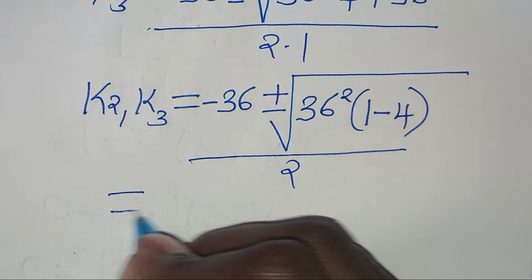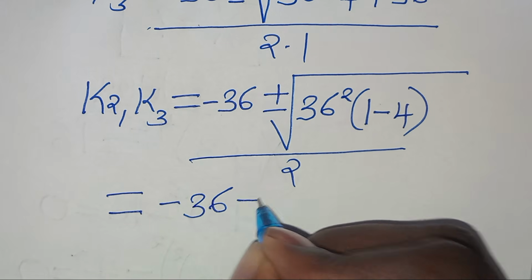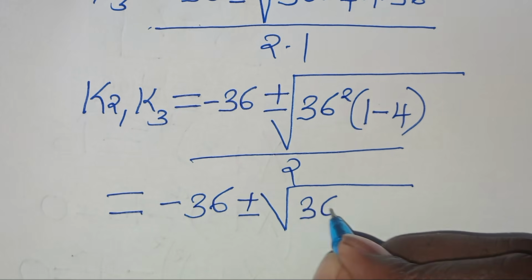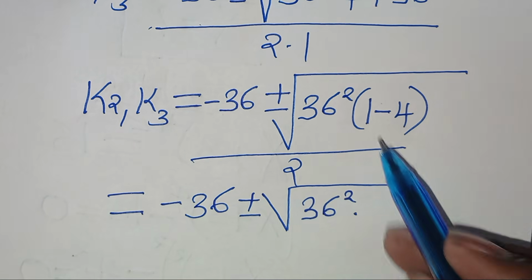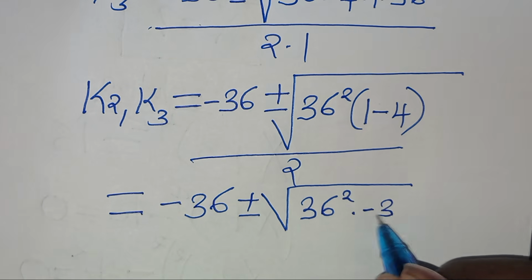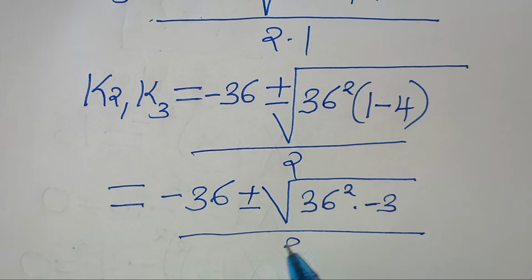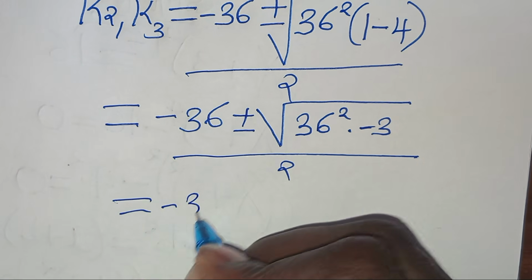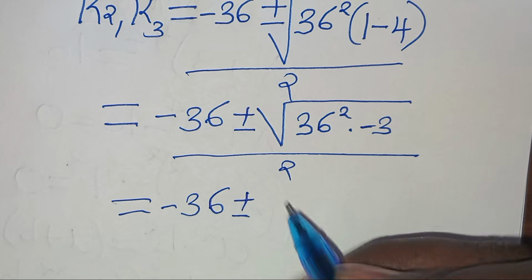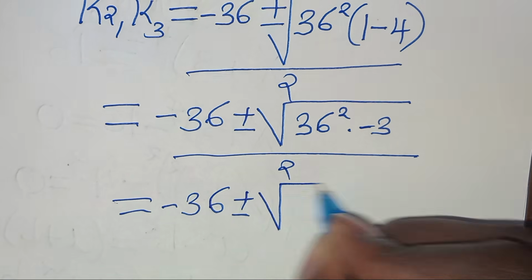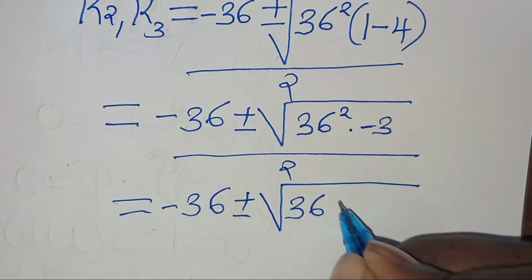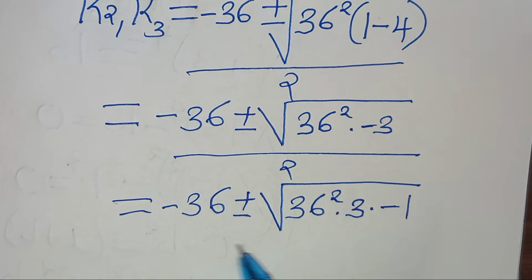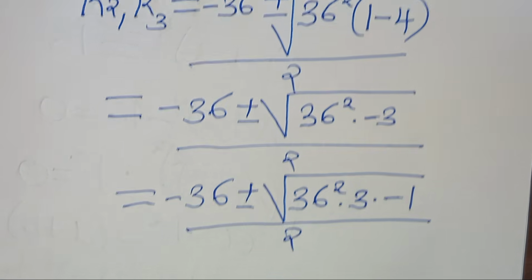So this is equal to negative 36 plus or minus the square root of 36 raised to the power of 2 multiplied by 1 minus 4, which is negative 3, then divided by 2. We can express this as the square root of 36 raised to the power of 2 multiplied by 3, then multiplied by negative 1, everything divided by 2.